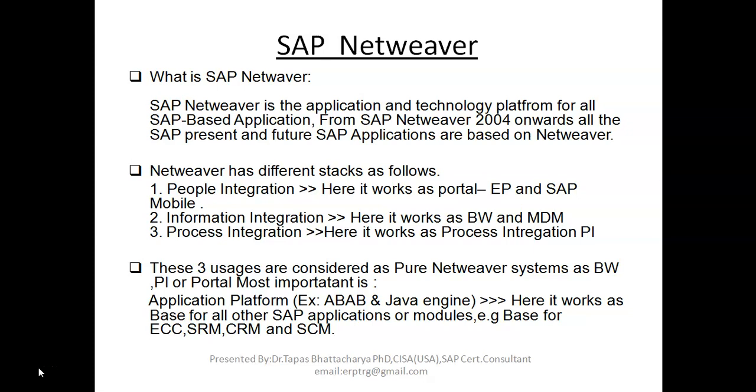Basically from this slide we come to understand that NetWeaver is a technology which integrates with other systems, and based on this technology all the other systems are integrated with the SAP systems: ECC, SRM, CRM and SCM. All these are different applications of SAP which can be integrated and work all together.